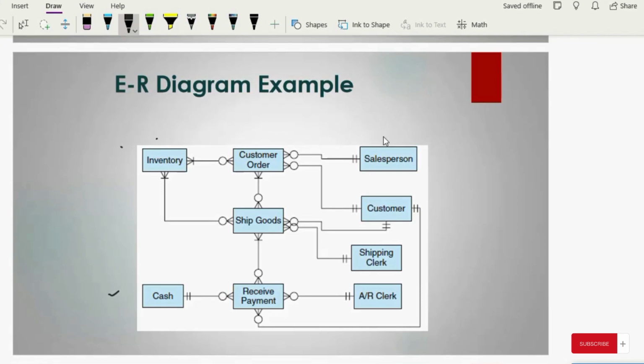Okay, in your organization, who are the people who are doing this work? So there is a salesperson in your organization who is selling the goods. Of course, you have a customer to whom you are selling the goods. You need to ship the goods, so the shipping clerk is separate from the salesperson. And in the accounts department, you have an accounts receivable clerk. So place all of them.